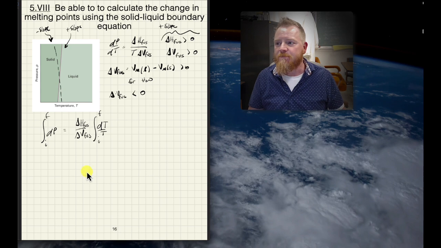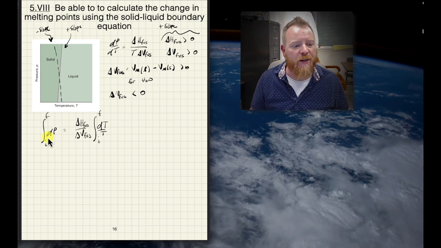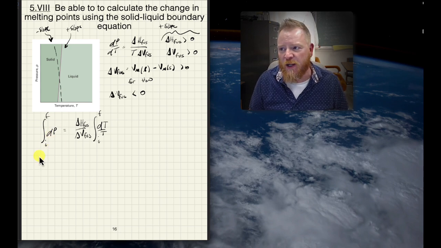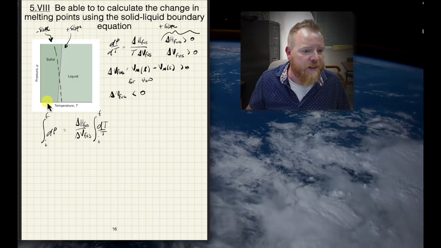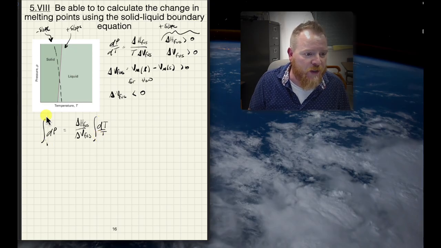Now the result of this integral, I'm going to write as the following. Let's be consistent, and instead of saying final and initial, I'm going to say 1 and 2. We'll see why that is, hopefully, in a moment.